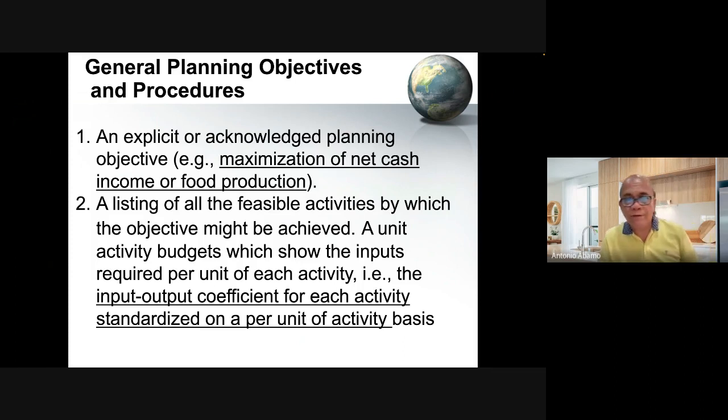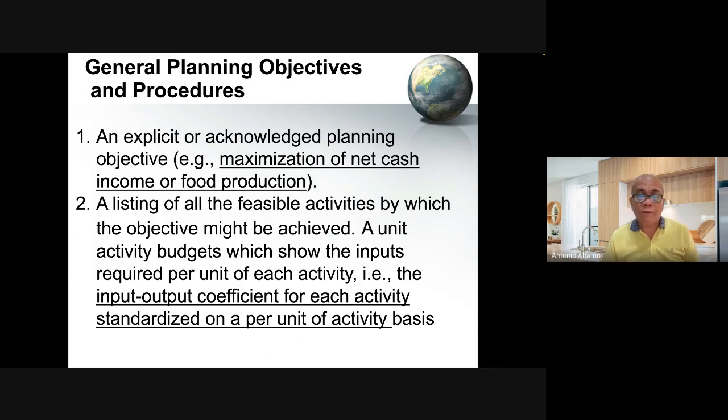A listing of all feasible activities by which the objective might be achieved, and unit activity budgets which show the inputs required per unit of each activity, the input-output coefficient of each activity, and the standardized unit of each activity.